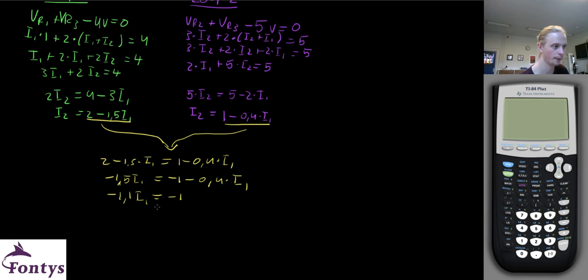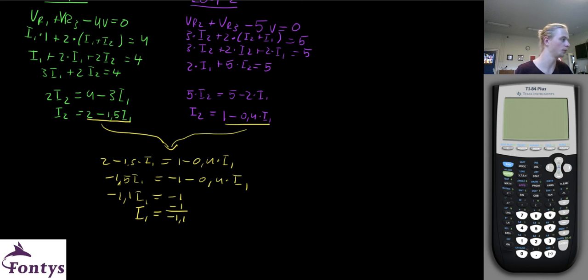And if we now divide both sides by minus 1.1, we get I1 is equal to minus 1 divided by minus 1.1.